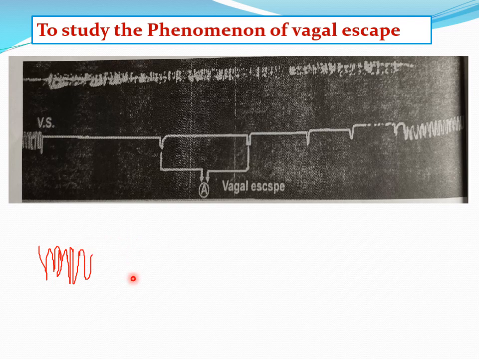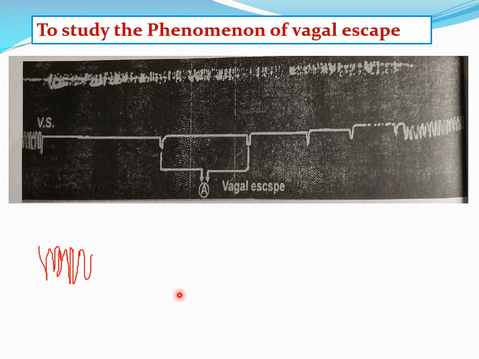In our previous practical, we stimulated the vagus nerve and the heart stopped in diastole. We gave the stimulation for 1 or 2 seconds and removed the electrode, and the heart, which had stopped in diastole, came out and the beating started again. So we studied that when we stimulate the vagus nerve, there is inhibition of the heart, meaning the heart stops. I also told you that the vagus nerve to the heart is inhibitory, and there is a continuous vagal tone on the heart.